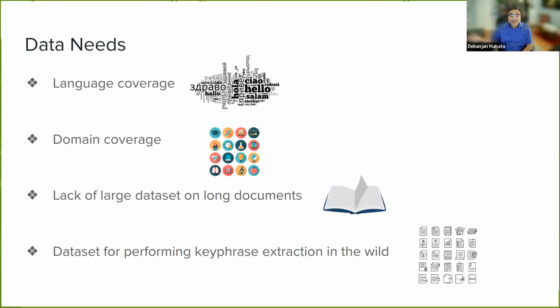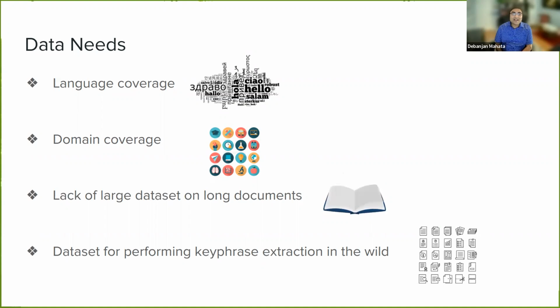And in real life, you don't actually get scientific articles. If you're working at Moody's Analytics, I don't think you'll be extracting key phrases for scientific articles. So there's a need for a data set for performing key phrase extraction in the wild. And that is something completely missing as of today.